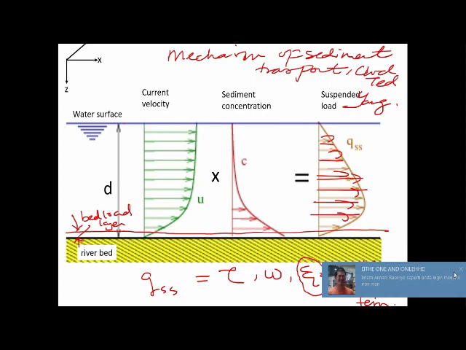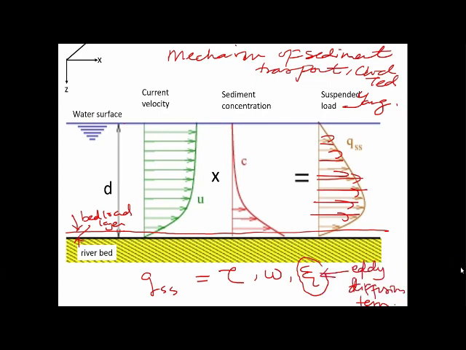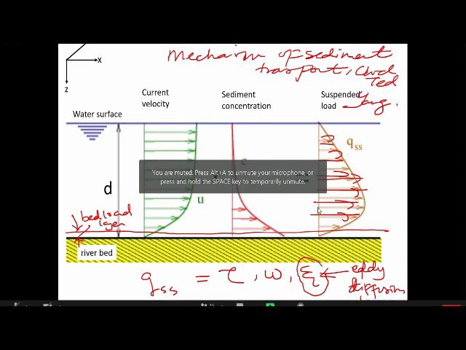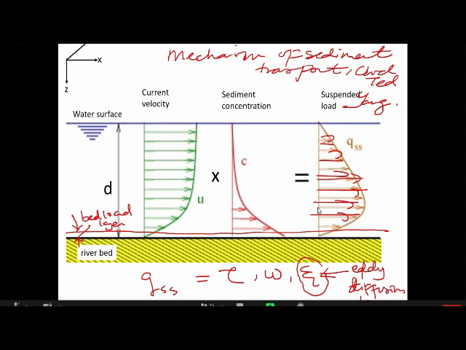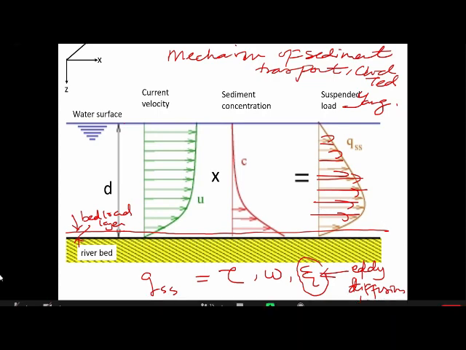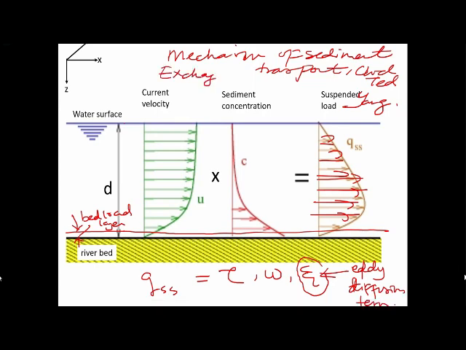So dalam buku ni dia ada bagi tahu the detailed explanation lah on the mechanism of the suspended transport, which is based on what they call the exchange theory of equilibrium conditions.